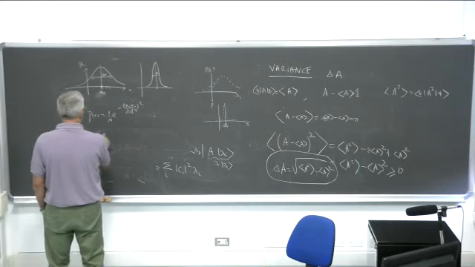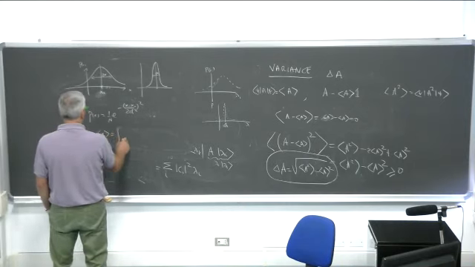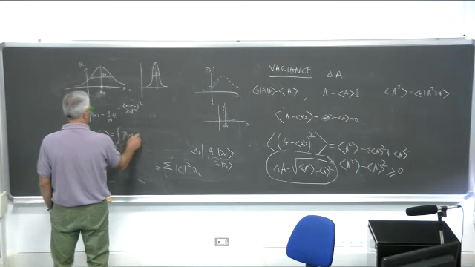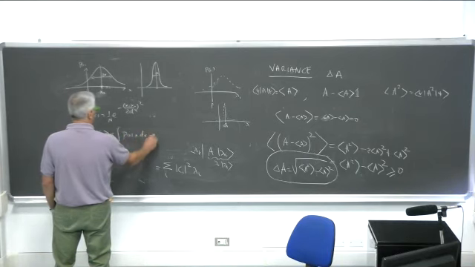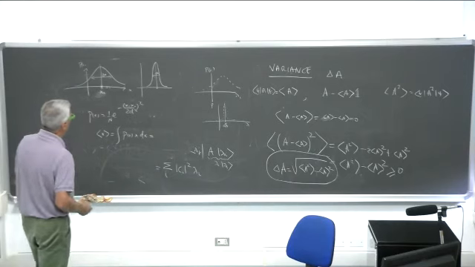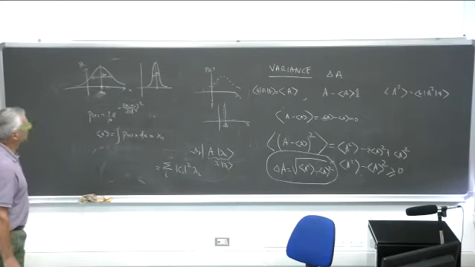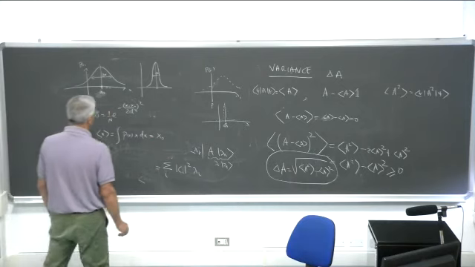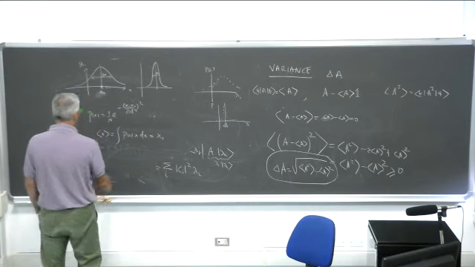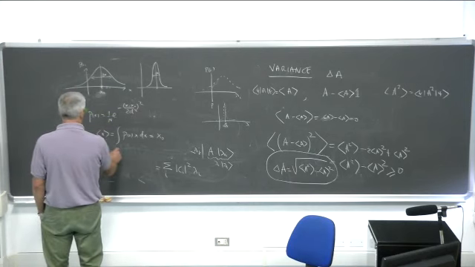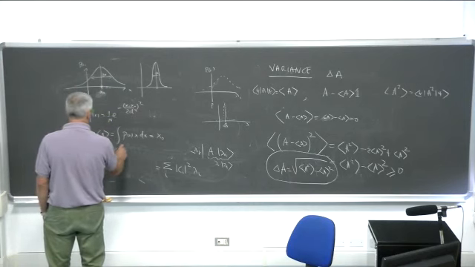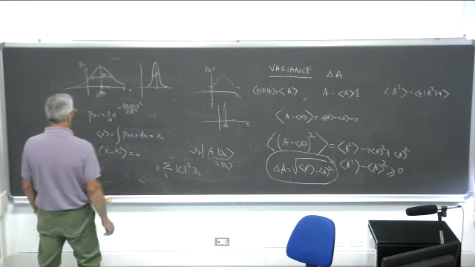And clearly the expectation value of x is the integral of P dx times x. If you do the calculation, you would get x naught. And clearly the expectation value of x minus x naught is equal to 0.